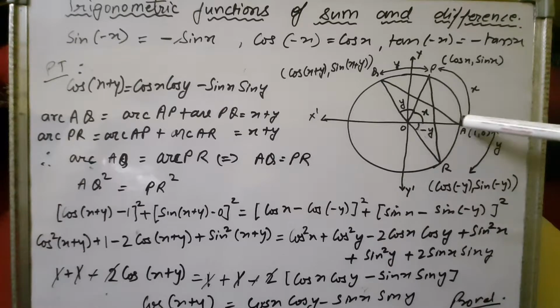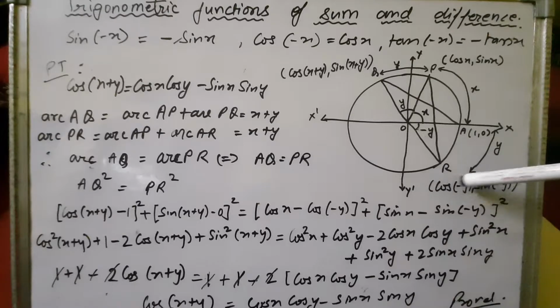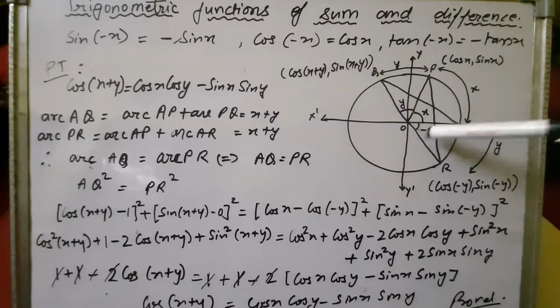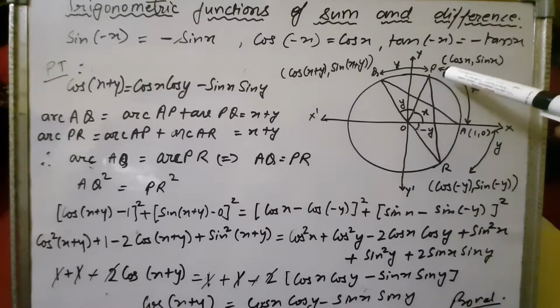In a unit circle, the length of the arc and the angle subtended by the arc are the same. That means this angle will be x and this angle will be y. So if we move below the x-axis, this arc is of length y, so the angle subtended by this arc will be minus y. Right, children? So the coordinates of P will be cos x, sin x.